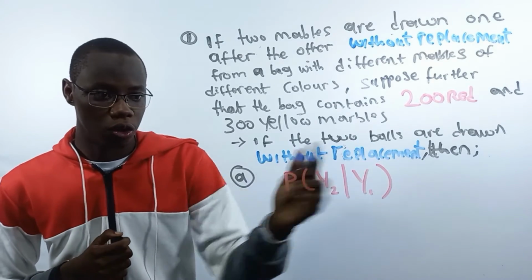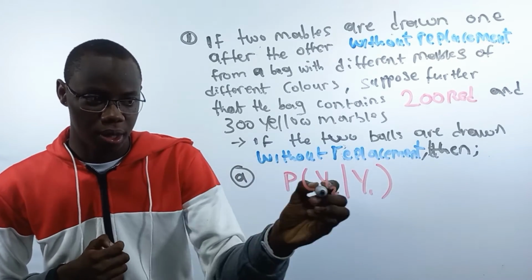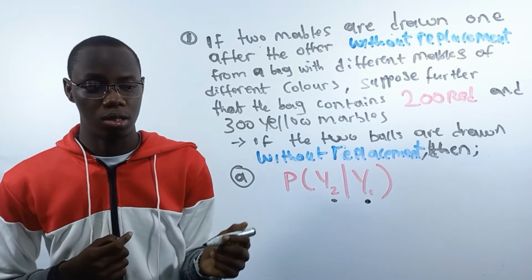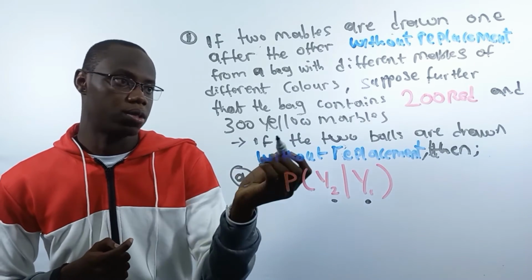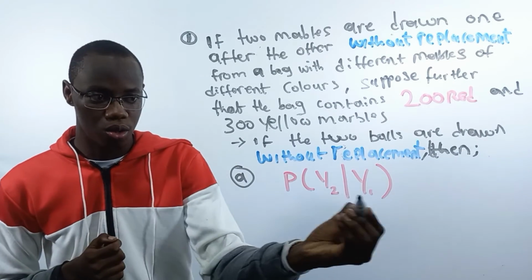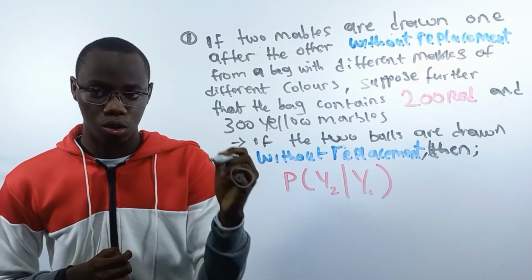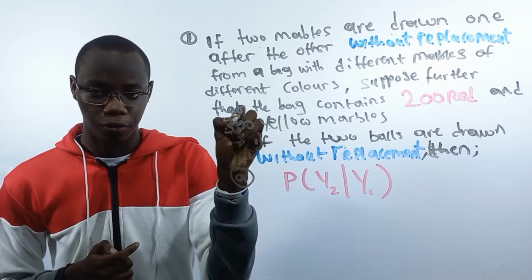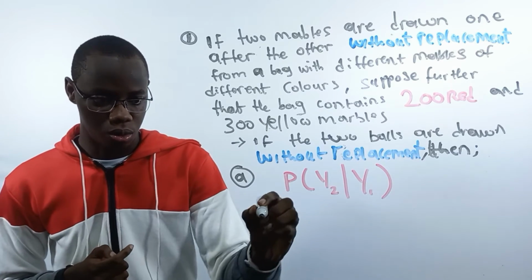So to solve this now, find the probability that the second is yellow, given that the first is yellow. Very easy. All you need to do is to write the formula, just merge them. So you multiply the probability of yellow second and then yellow first.